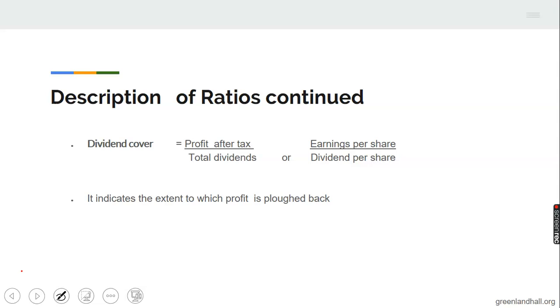And this one indicates the extent to which profit is plowed back into the business. When we say plow back, it means whether the profit or the income that is earned by the business is actually reinvested in the business.